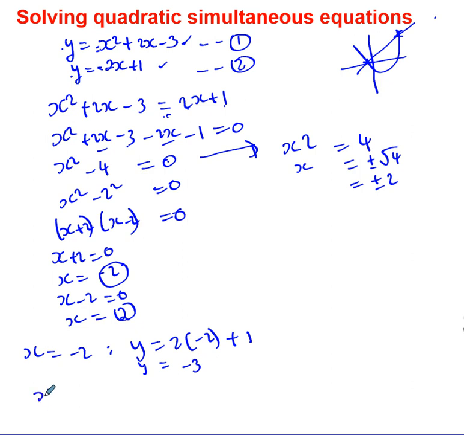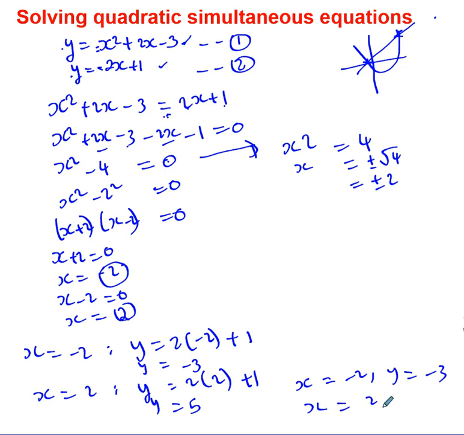So when x is equal to 2, I get y equals 2 times 2, which is 4, plus 1, so y equals 5. So my solution then is x equals minus 2, y equals minus 3, and x equals 2, y equals 5.